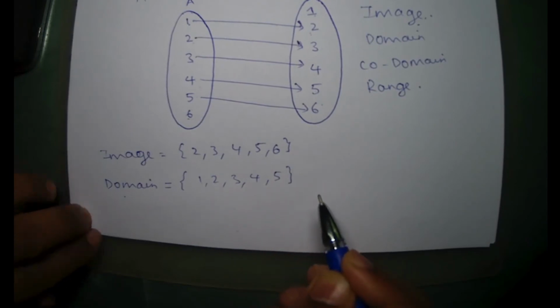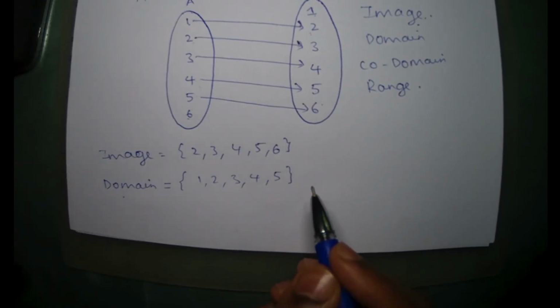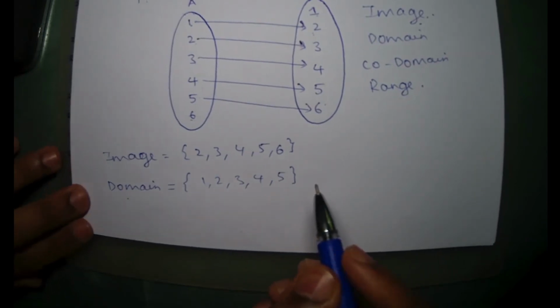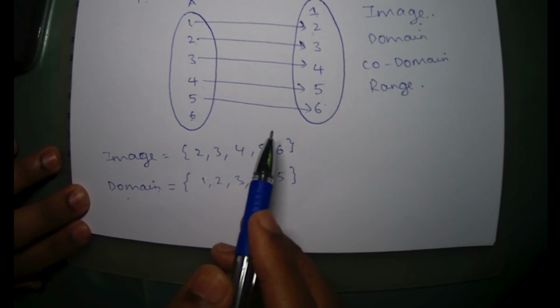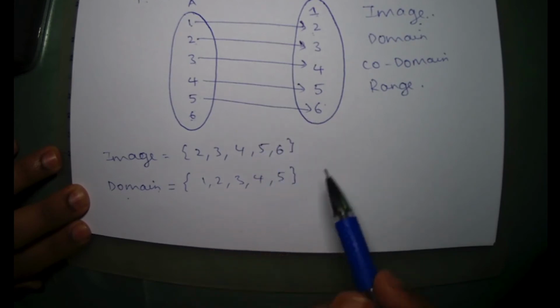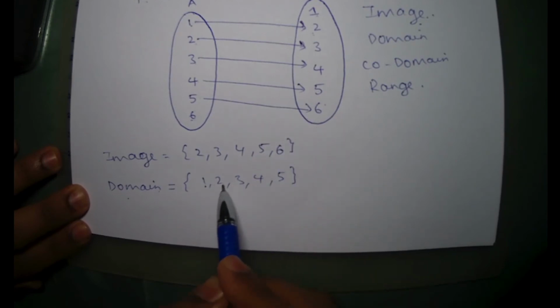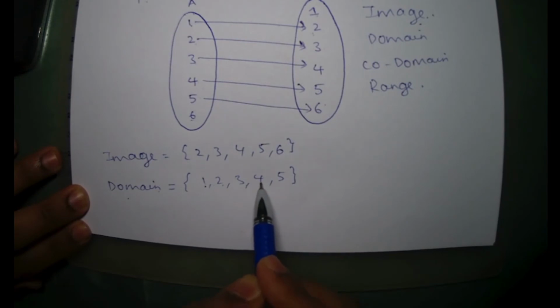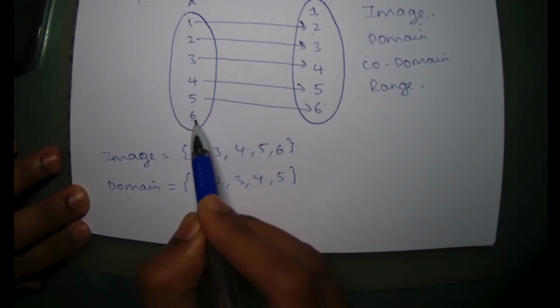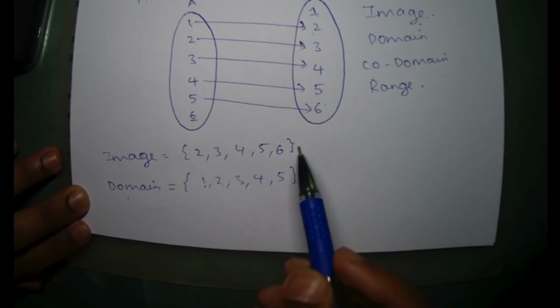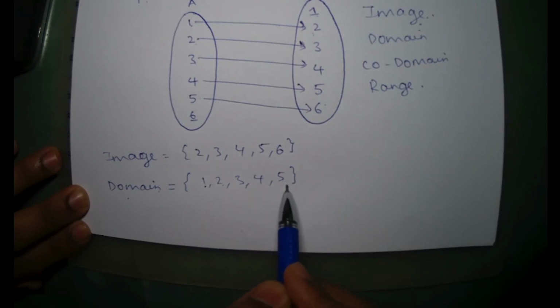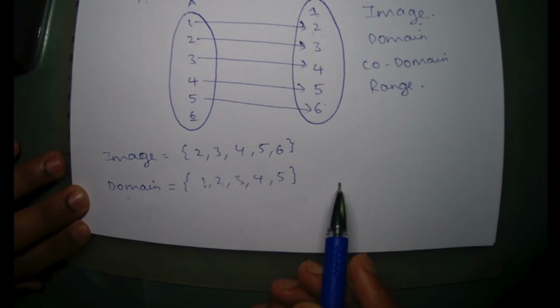So this is the domain of the relation which we are using in this example. So we can get to know which numbers are domain by seeing if those numbers have an image in the second set. So 1 has an image, 2 has an image, 3 has an image, 4 has an image and 5 has an image. We can see that the number 6 does not have an image in the second set. So that is why it is not included in the domain of the relation.